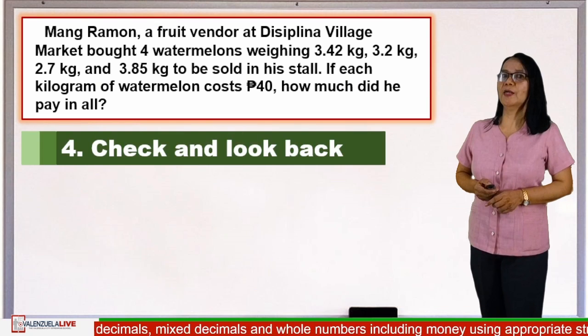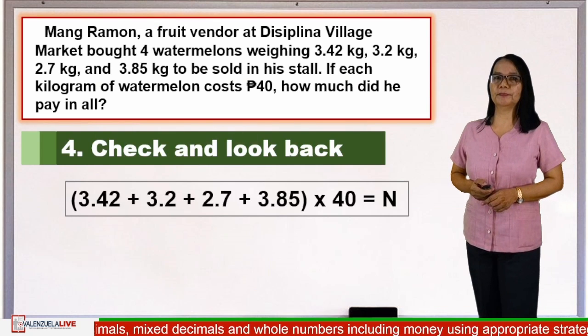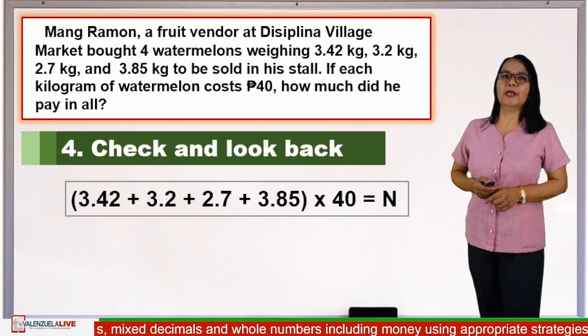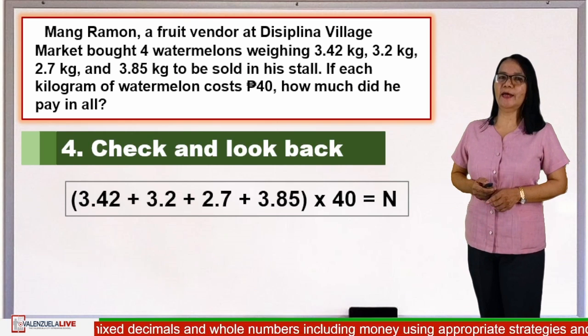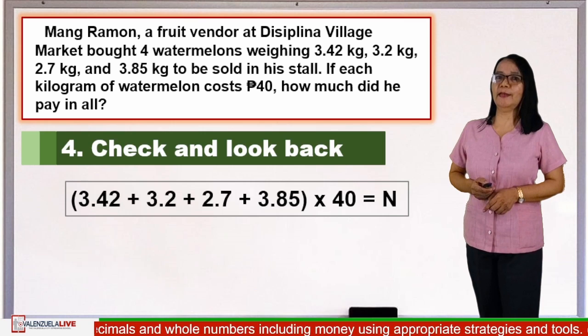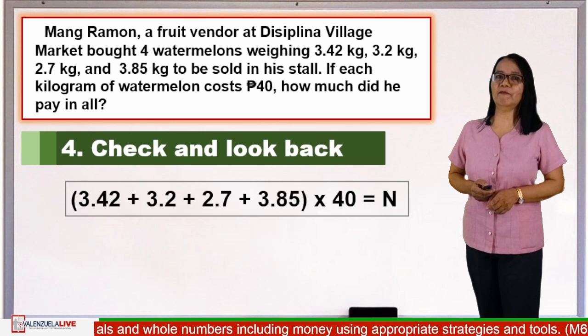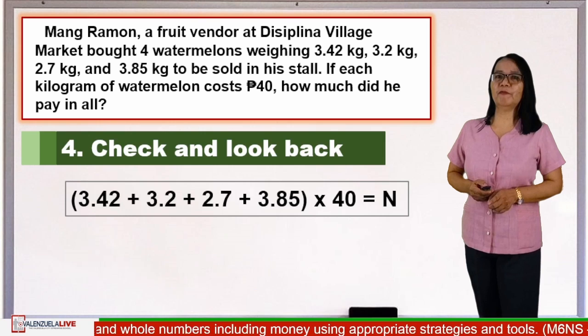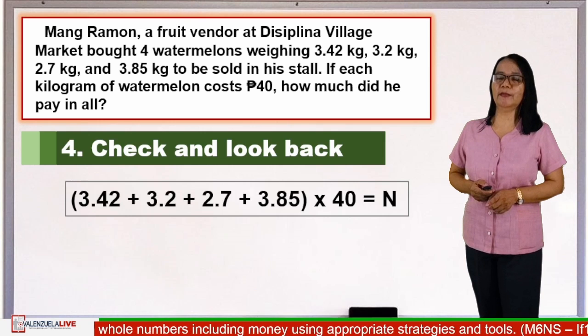Step 4. Check and look back. 3 and 42 hundredths plus 3 and 2 tenths plus 2 and 8 tenths plus 3 and 85 hundredths times 40 is equal to n.